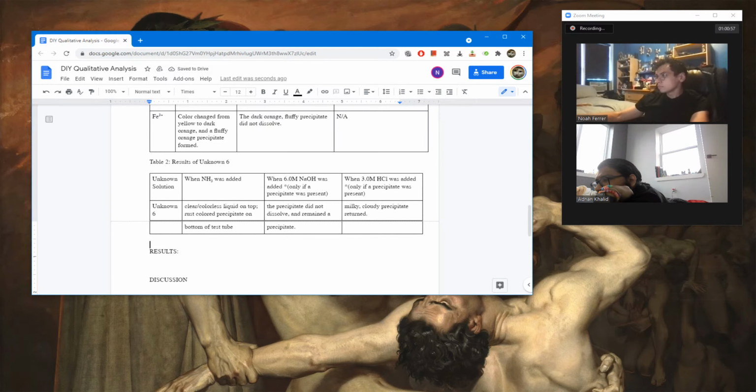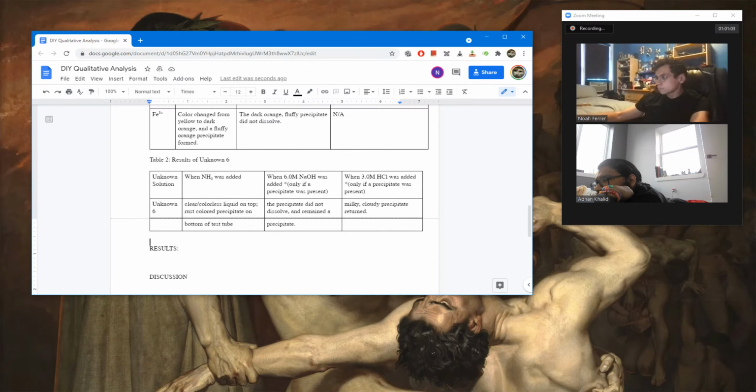Okay, so we did the experiments for the known solutions and the results. A detailed set of procedures to analyze any unknown solution. Results of the unknown. So we just have to do the one in the middle, the detailed set of procedures to analyze any unknown solution.